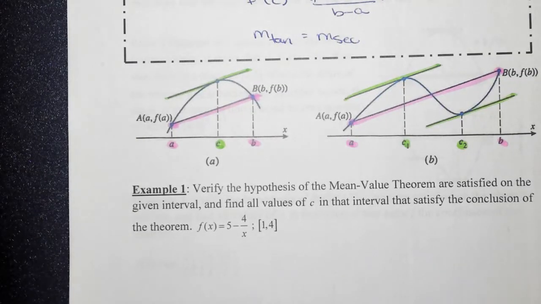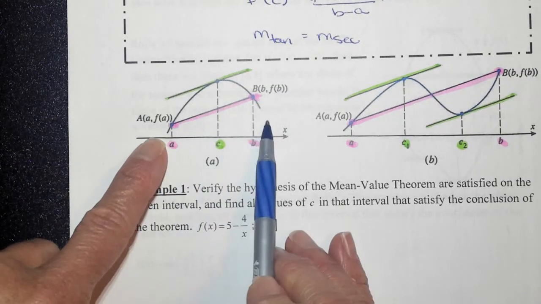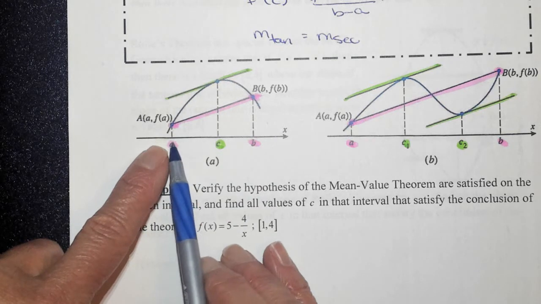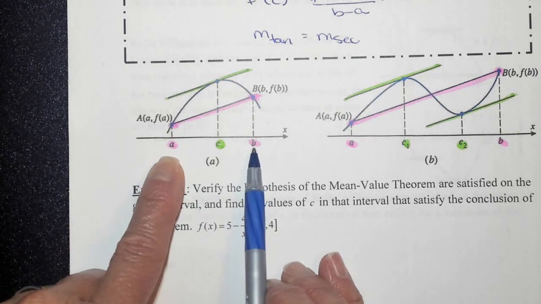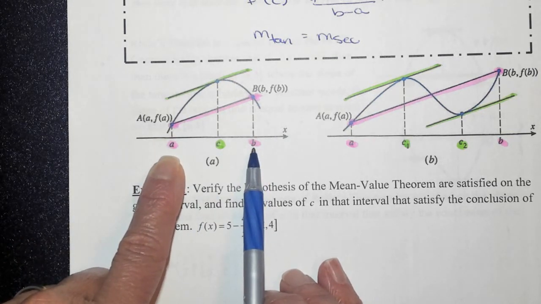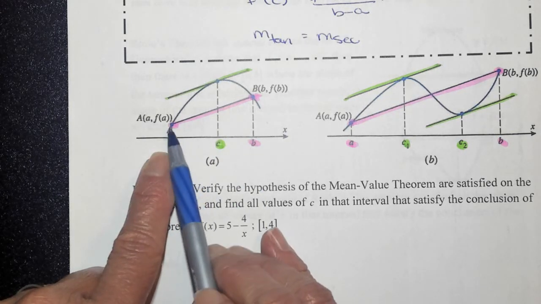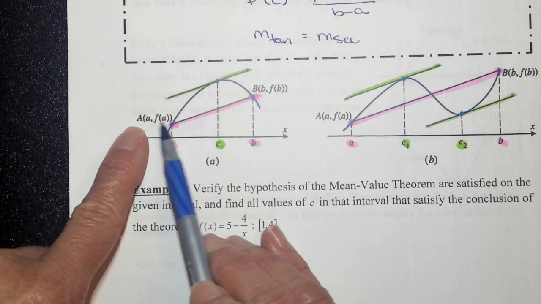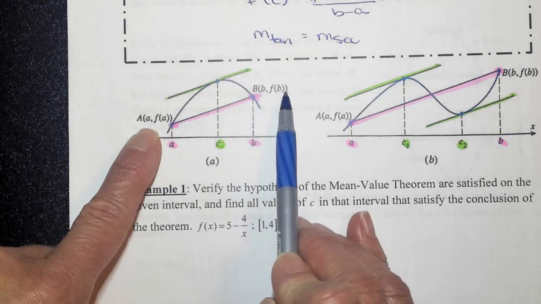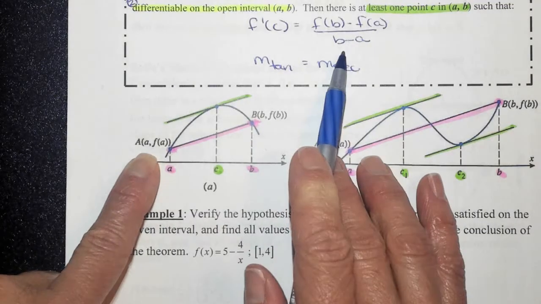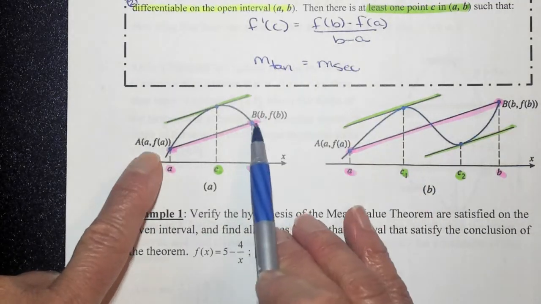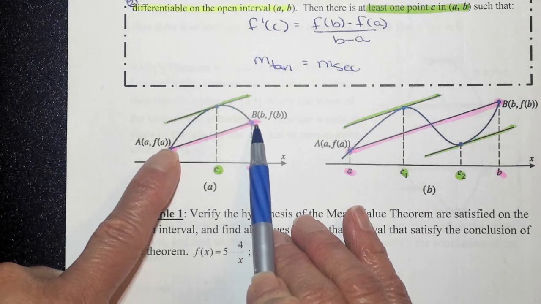We have two different graphs here. So we're given a continuous function, okay, and we close it off from a to b. We're saying we're only looking at this portion of the graph. So what we're looking at here is if we plug in our y value, or a, f of a, and b, f of b, and we find the slope of the secant line by plugging in those numbers. So this is going to be a numerical value because it's a closed interval.